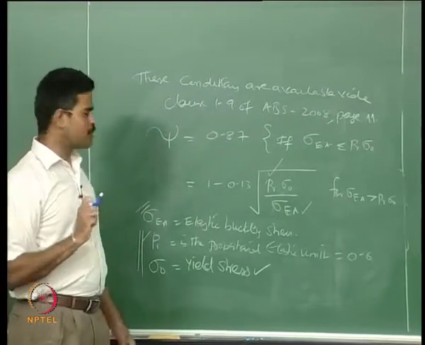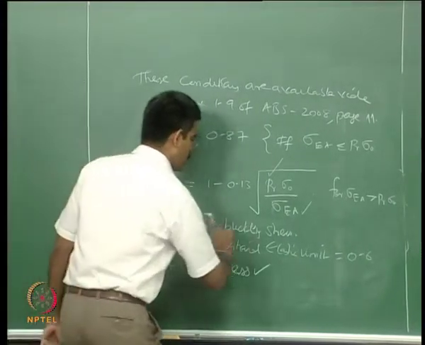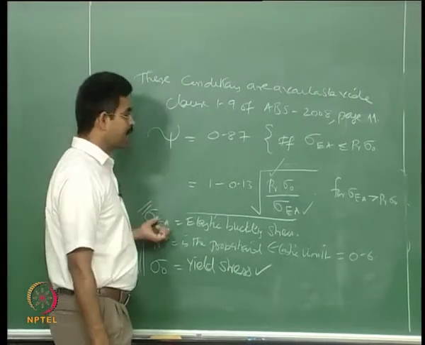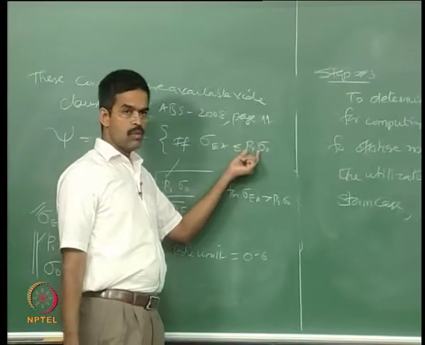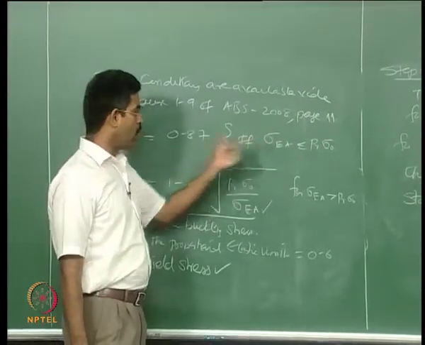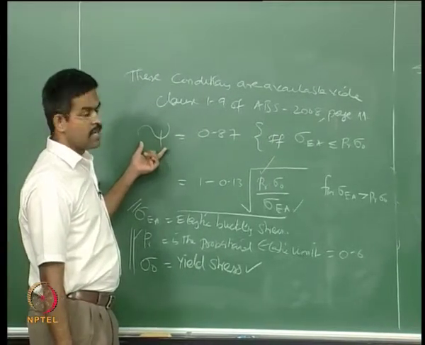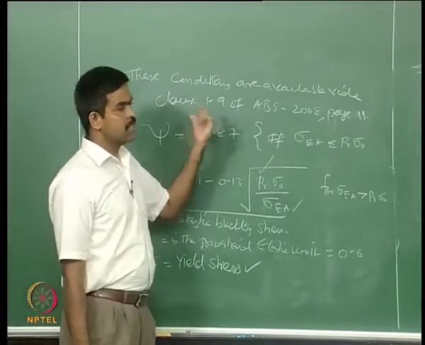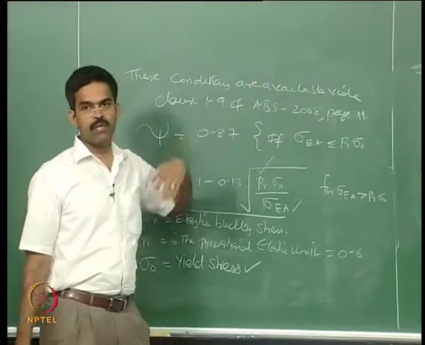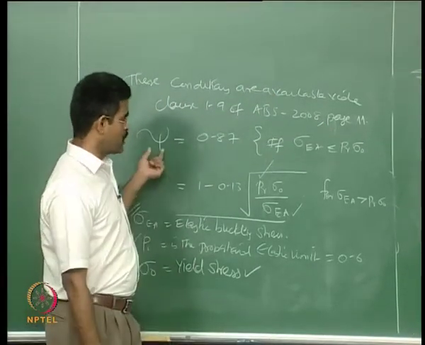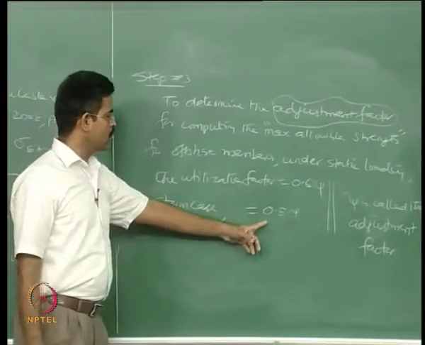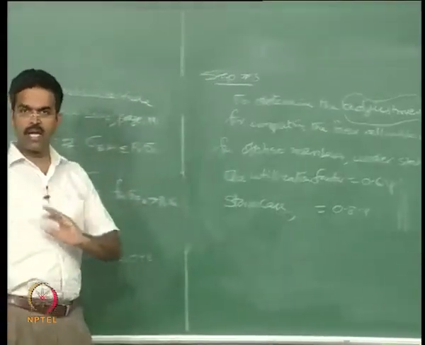So, I should be interested to know how to compute the elastic buckling stress for the given problem, compare that with this ratio and check where I fall in these two categories, and accordingly I pick up the psi factor, which is the adjustment factor given in the class on page 11 of ABS 2008. Once I know this, I will proceed further to find out the storm case utilization factor and check the adequacy.